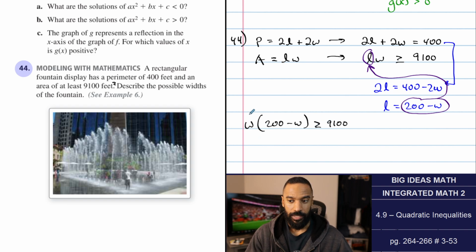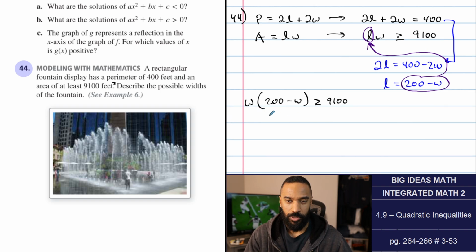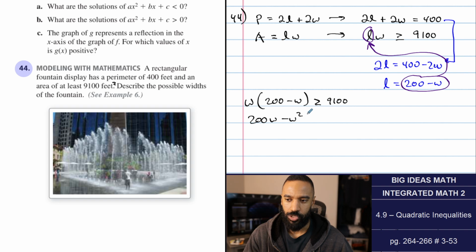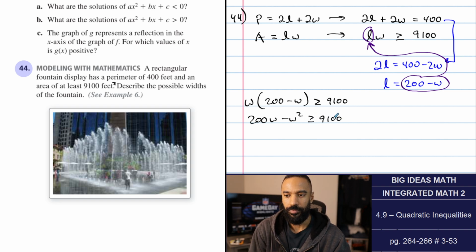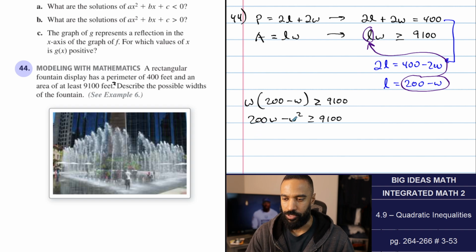This is a quadratic inequality. If I distribute W here, you get 200W minus W squared is greater than or equal to 9,100. I might just solve this conventionally. If the book were to do this, they would subtract 9,100 over, put it in standard form and graph it.